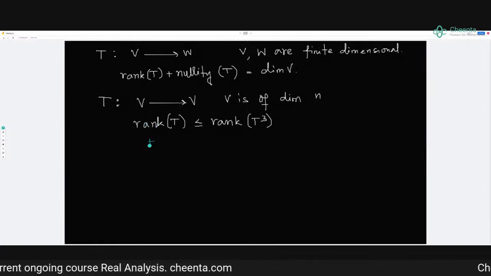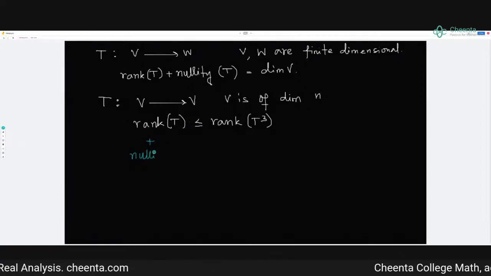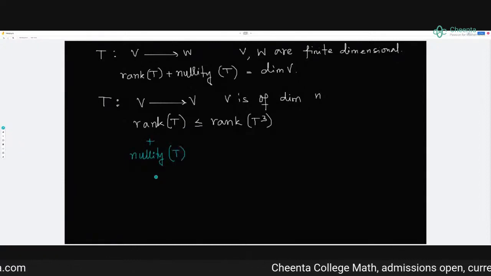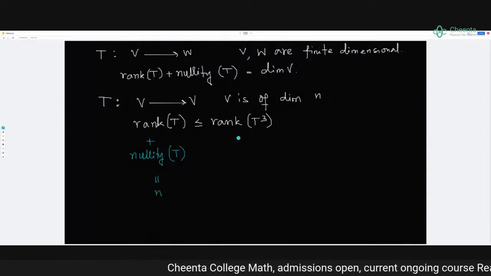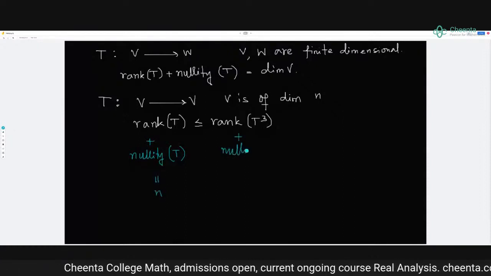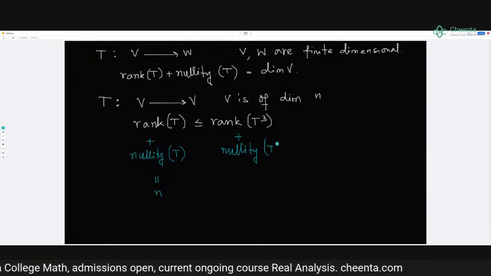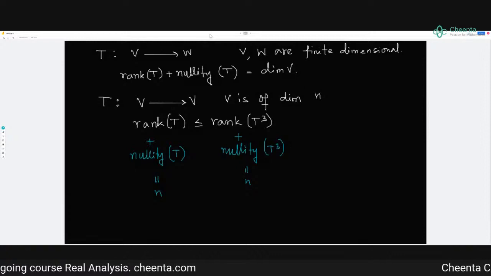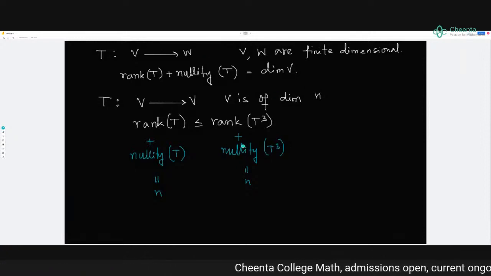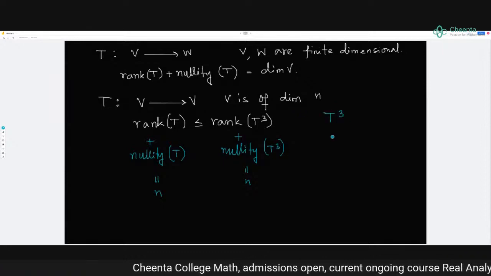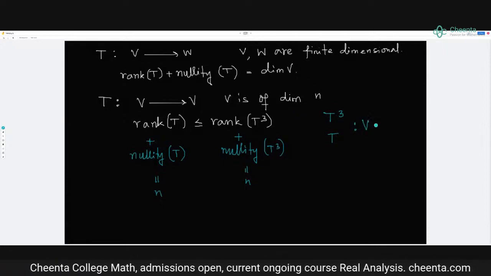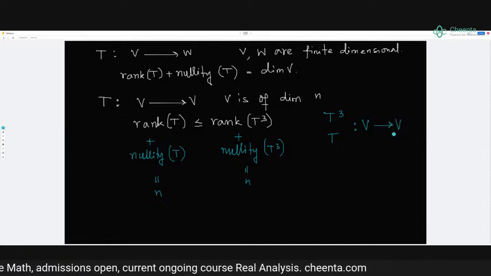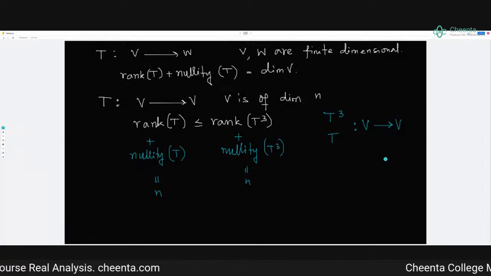Rank of T plus nullity of T equals n, and rank of T cubed plus nullity of T cubed is also equal to n, because both are linear operators from V to V. So both T cubed and T are linear operators from V to V. Hence the rank nullity theorem will hold like this.